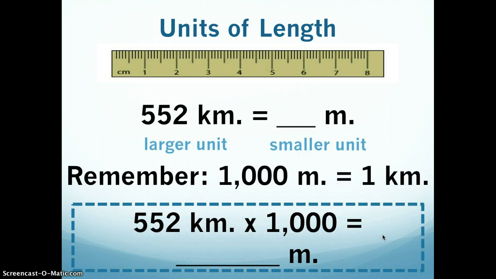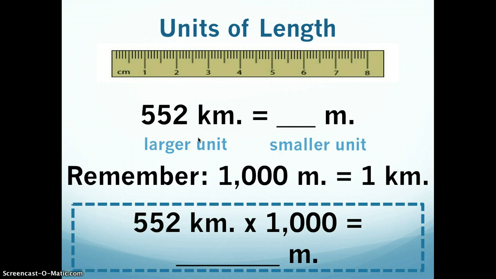Now this time we're going to go with a larger unit and try to exchange it into a smaller unit. So kilometers are a lot larger than meters. The length of the Grand Canyon, or the depth of the Grand Canyon, is a lot deeper than the size of a kindergartner. Okay, so to do that, we have to multiply.